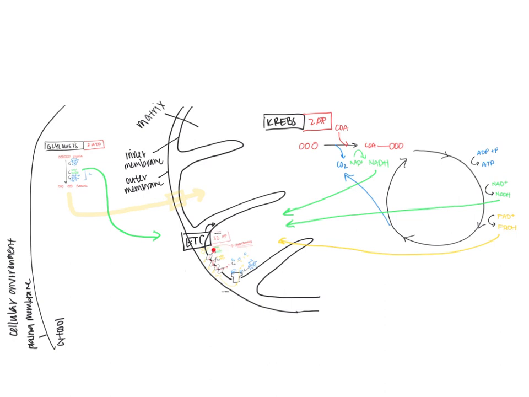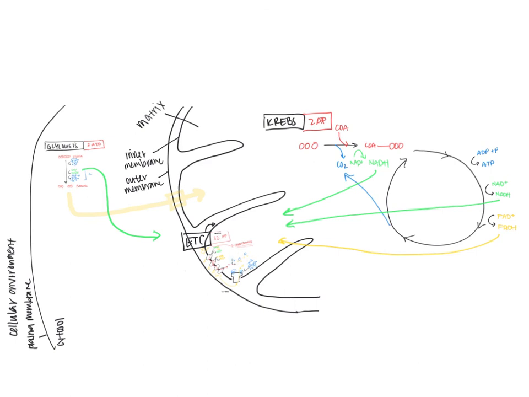We use that energy in the form of electrons, pass them across a couple proteins, which pump hydrogen protons across the membrane, and we use those protons to generate ATP in the end, all right? So we've produced a lot of ATP through this process, as well as carbon dioxide. We have produced water, all right?